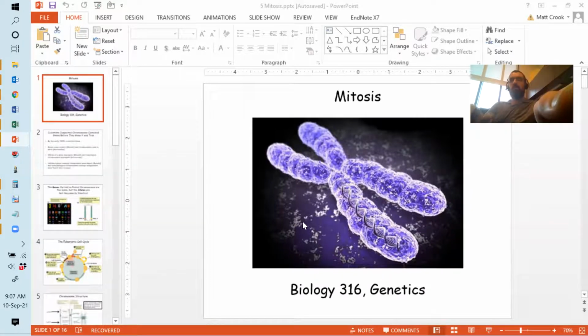Okay, some other words that are going to be really important. Homologous chromosomes. These are almost identical chromosomes, one of which you get from your mother, and one you get from your father.